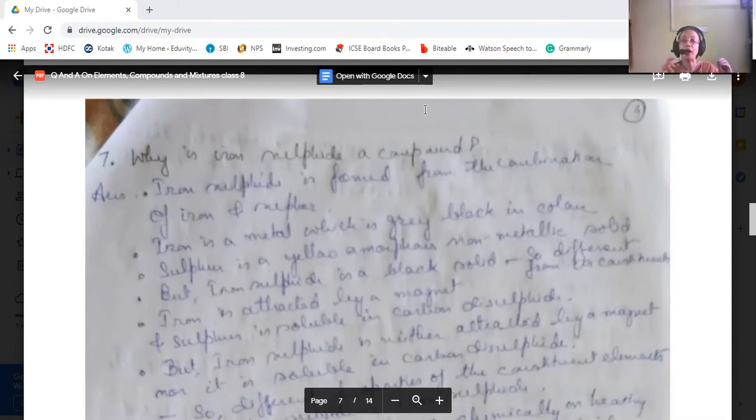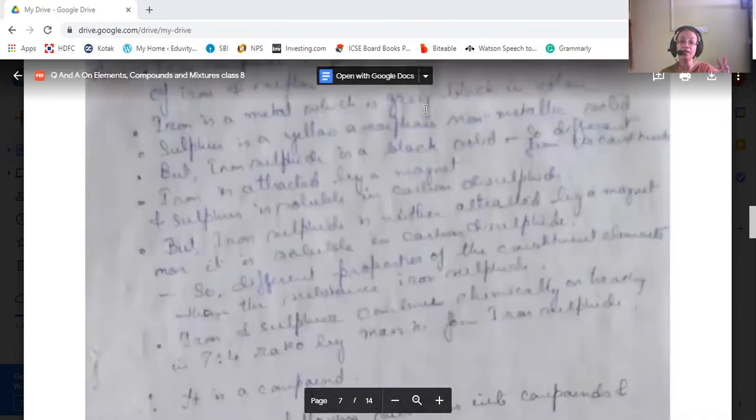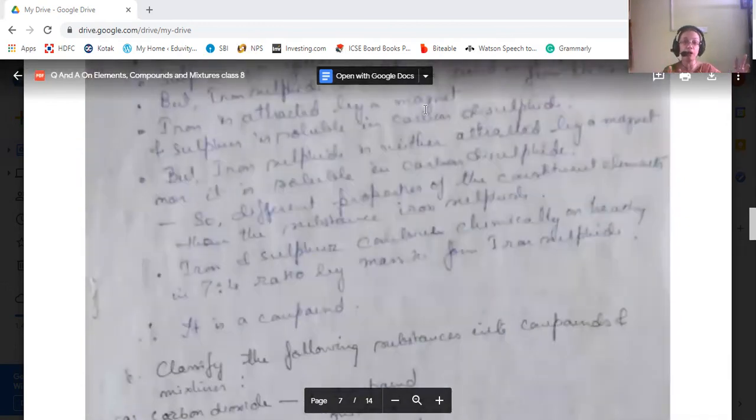But iron sulfide is a black solid, so it is different from its constituent elements. Iron is attracted by a magnet, and sulfur is soluble in carbon disulfide. But iron sulfide is neither attracted by a magnet nor soluble in carbon disulfide. So its properties are also different from its constituent elements, iron and sulfur.